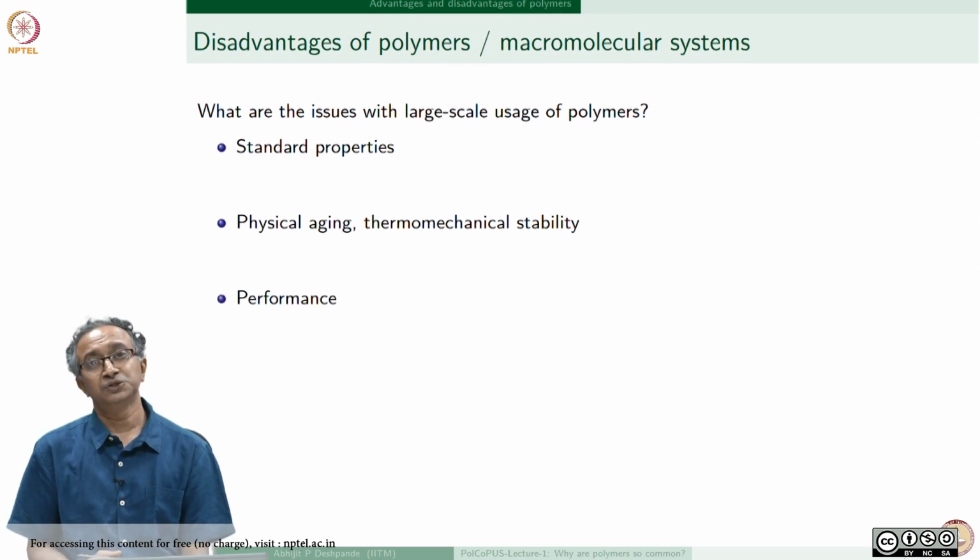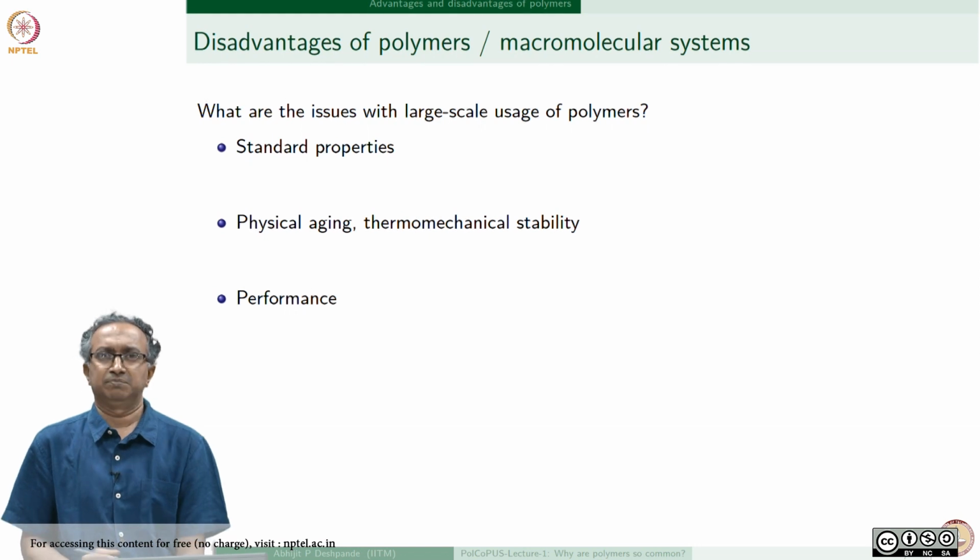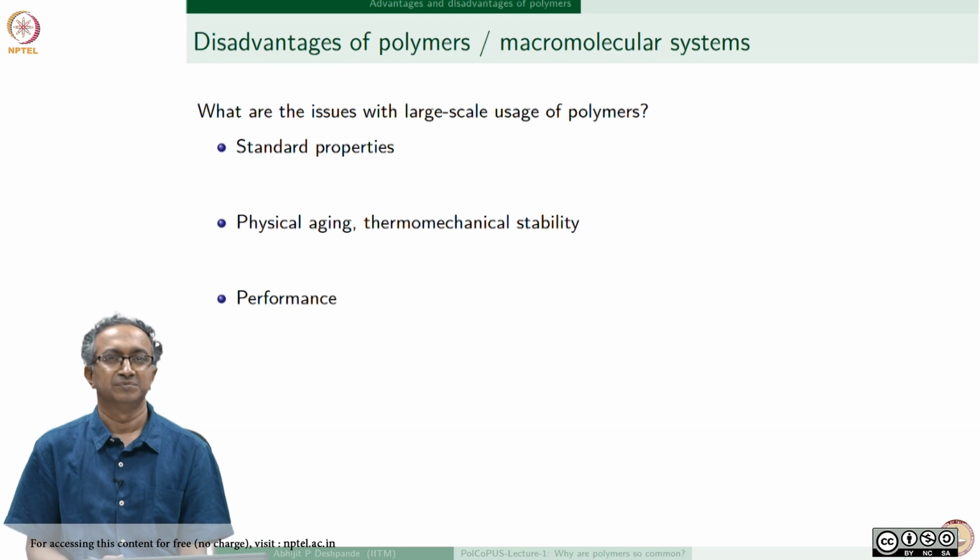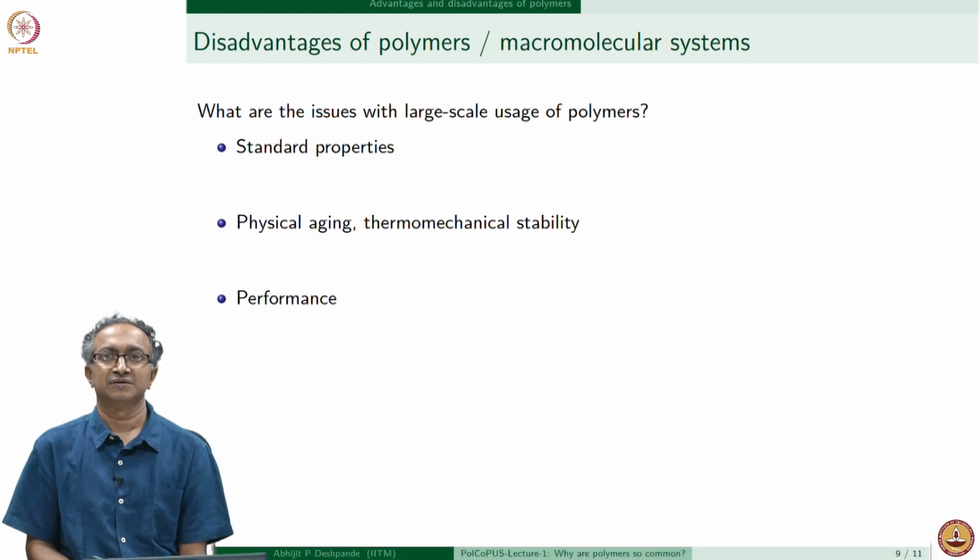And one issue related to polymers is just plain performance. I mean, steel in the end will have the modulus and strength that steel has, and most of the polymers will not have that. And so polymers have a certain range of properties, and they can be used wherever those properties are required.